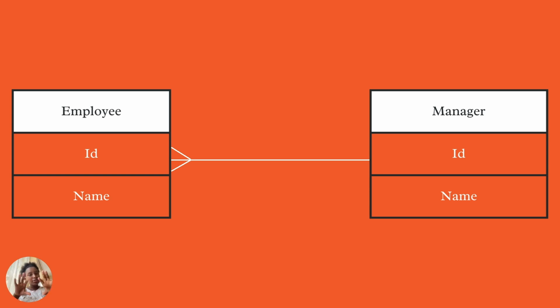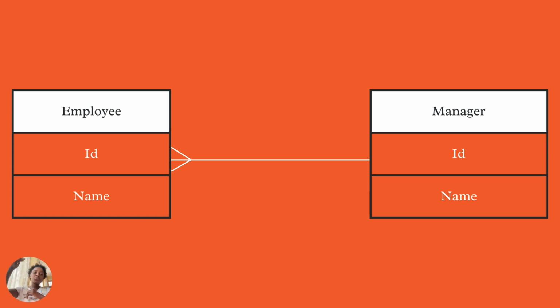Ideally, if we were to separate the manager and the employee, we would have a one-to-many relationship where one manager has many employees. And that would work if we only had one manager who is the manager of all these employees. But we have a case where this manager also has a manager, and that manager has another manager, at different levels.